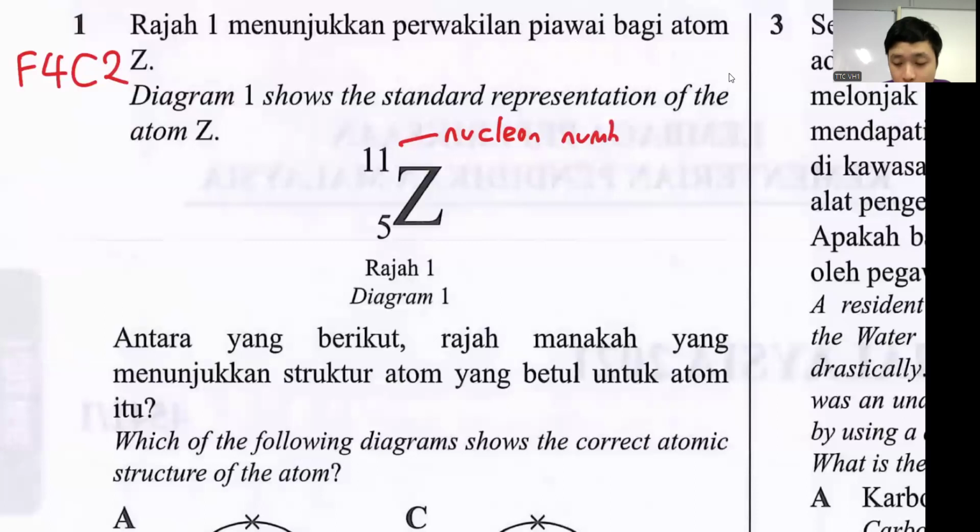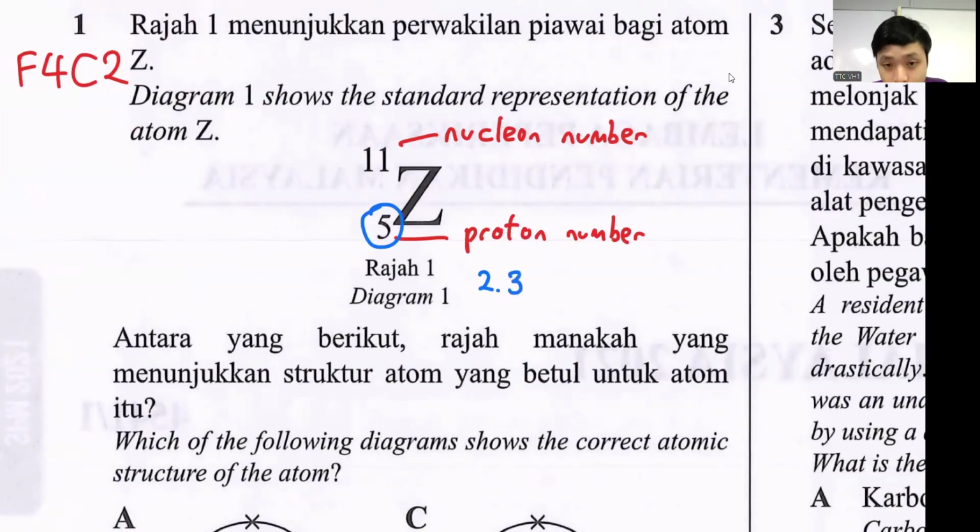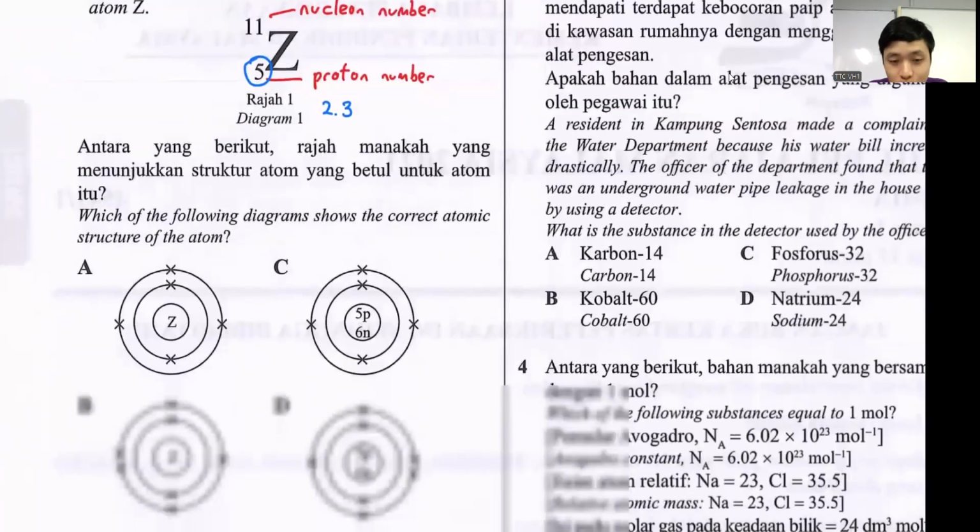The bottom number stands for the proton number. Based on this proton number, what is the electron arrangement of the atom? 2.3. Okay, it means you have to find 2.3.